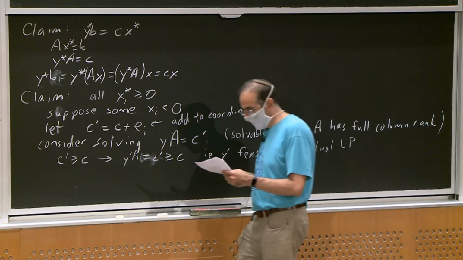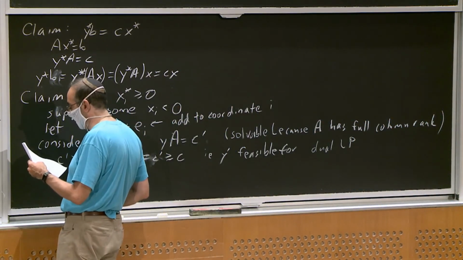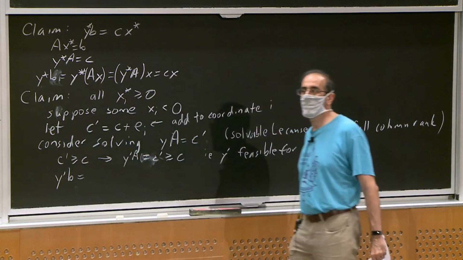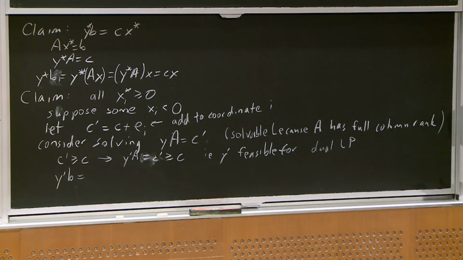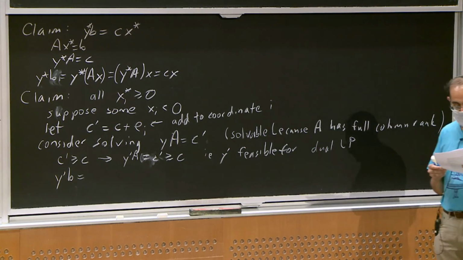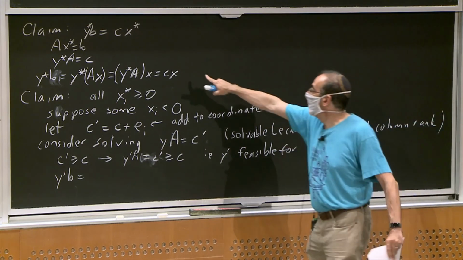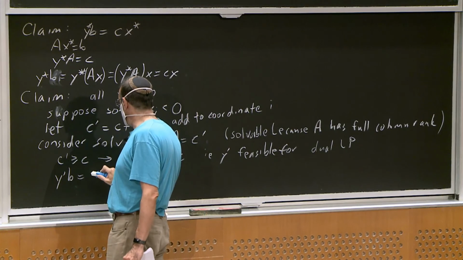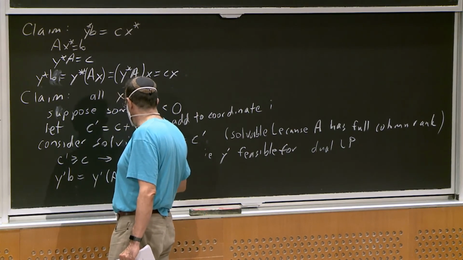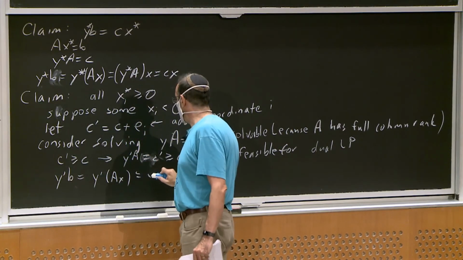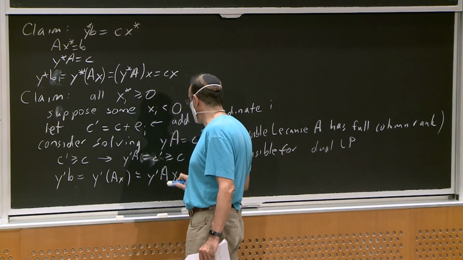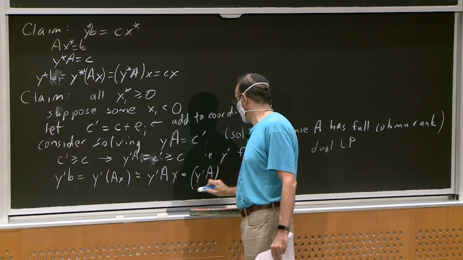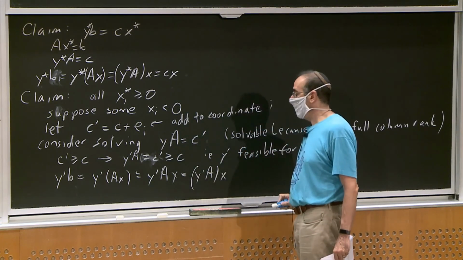But what is the value of the objective function? Well, I redo what's up here. Okay. y prime times b is equal to y prime times Ax, which is equal to y prime A times x, which is equal to, put that in parentheses, right?